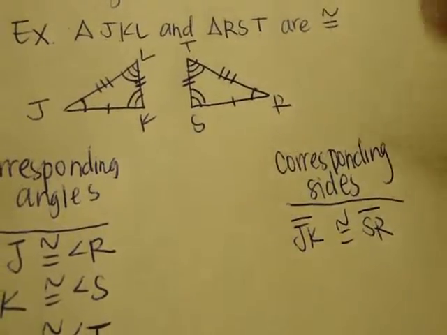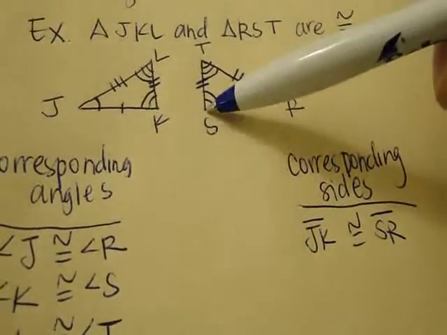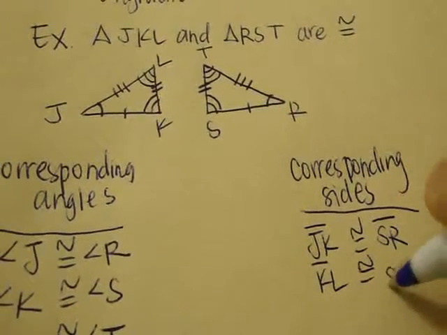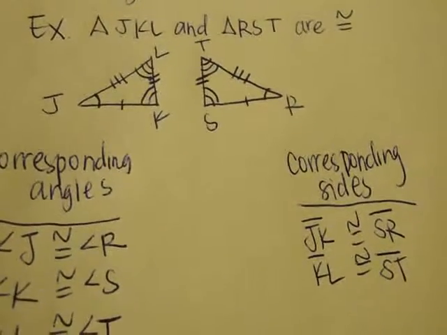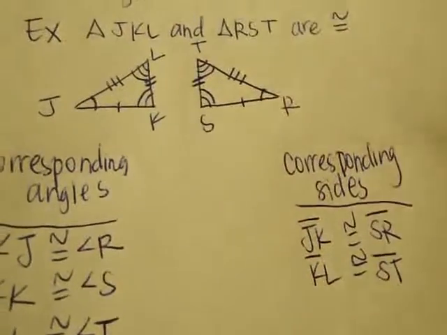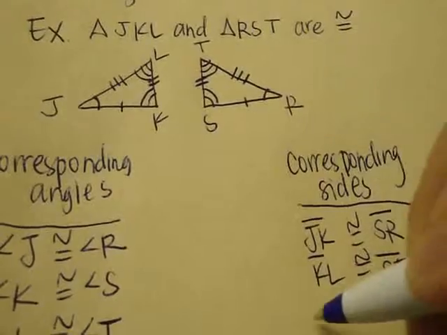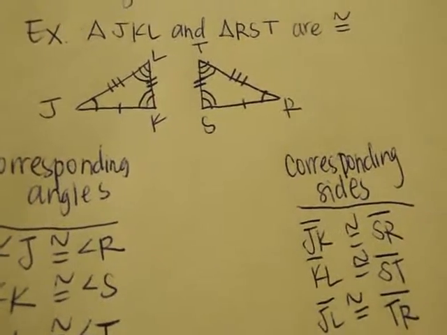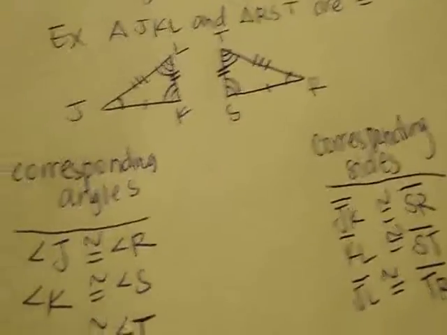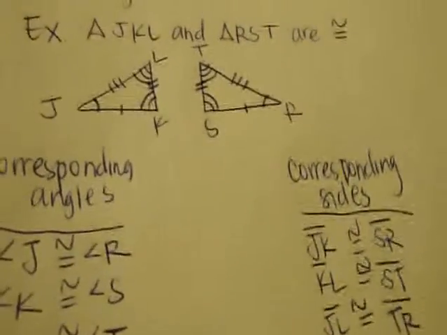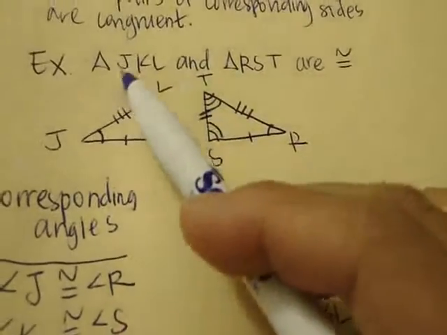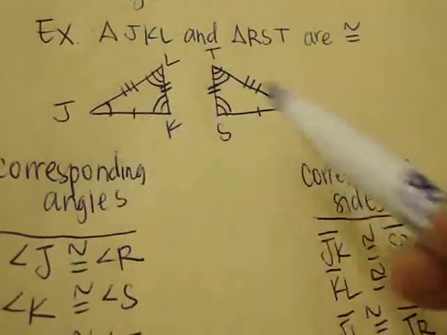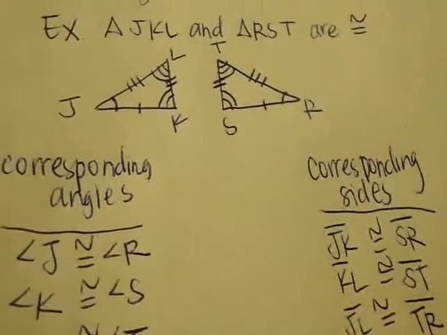KL is congruent to ST. JL is congruent to RT. And again, the way we figured this out was by looking at this congruence statement up at the top and looking at our diagram to see which angles correspond and which sides correspond with each other.